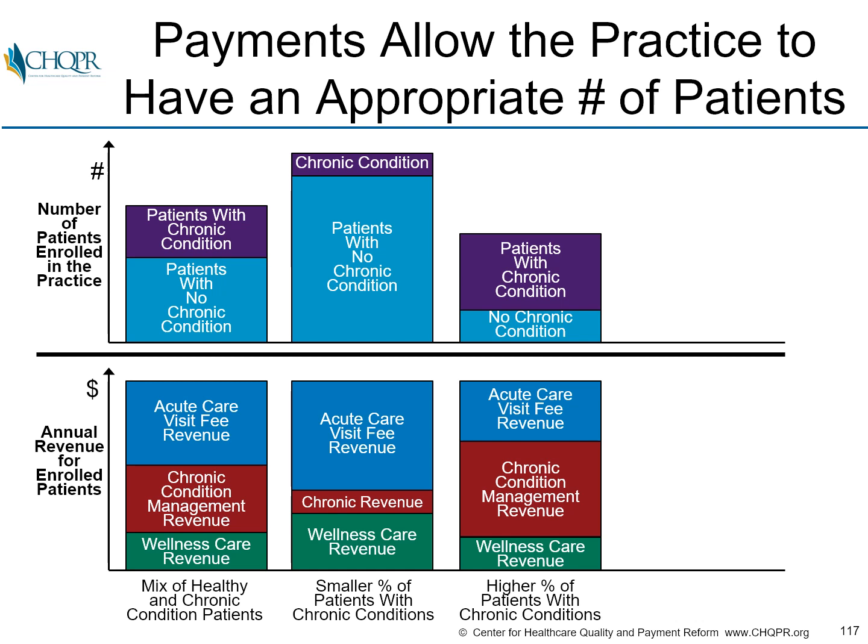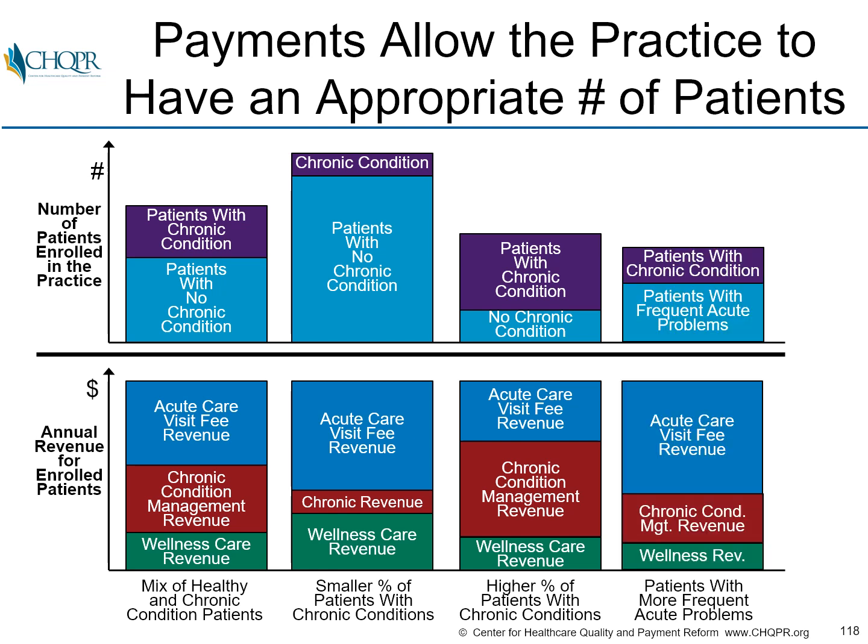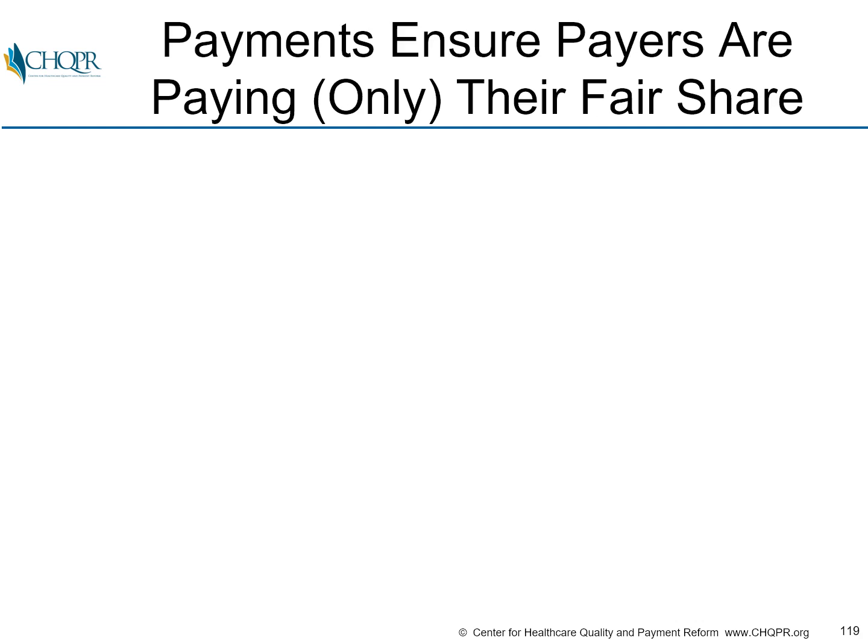If there are fewer patients because more of the patients have chronic conditions, the total cost of the practice will still be the same, and the revenue should also stay the same. And if there are fewer patients because they have more frequent acute problems, the revenue under patient-centered primary care payment will adjust so it is sufficient to cover the cost of operating the practice.